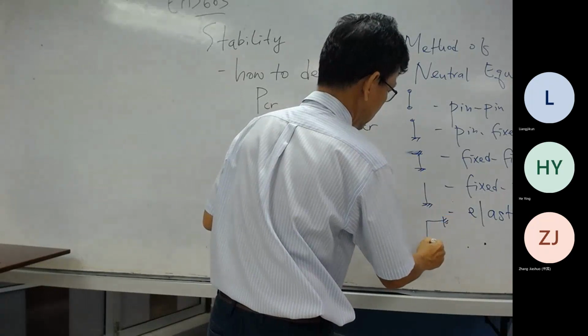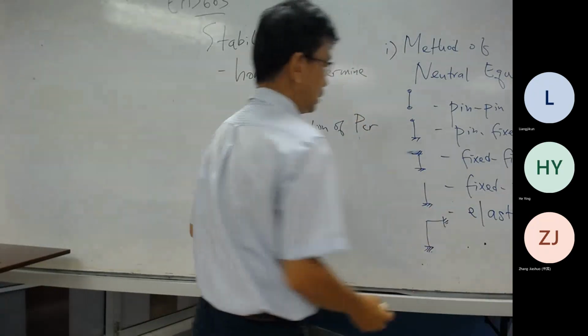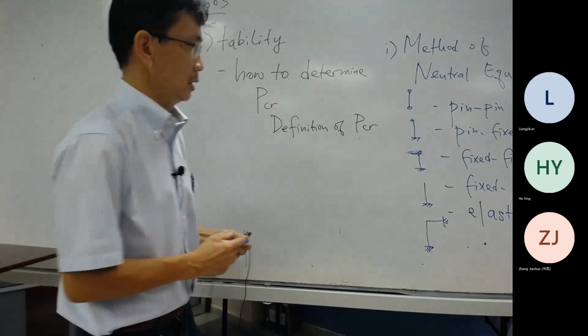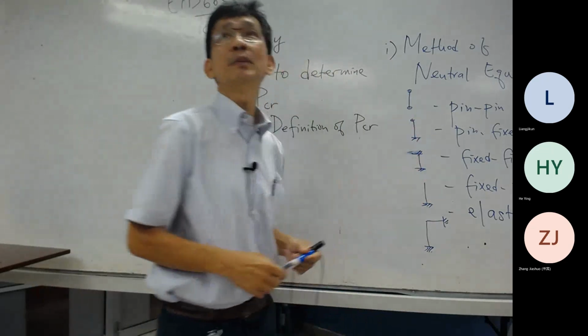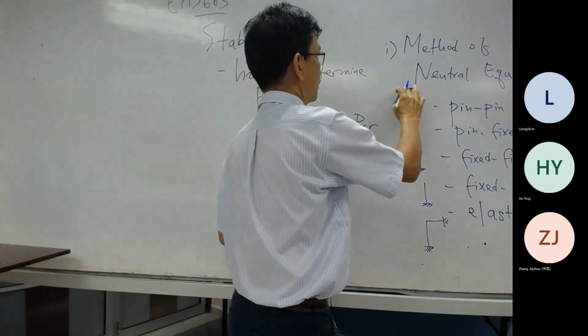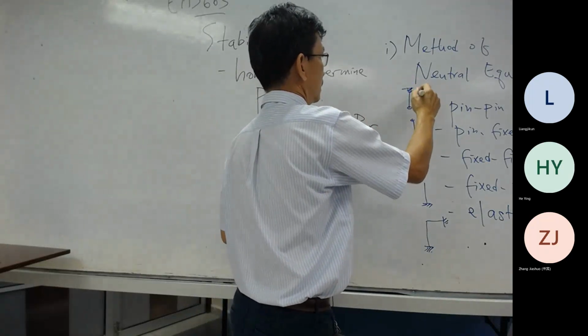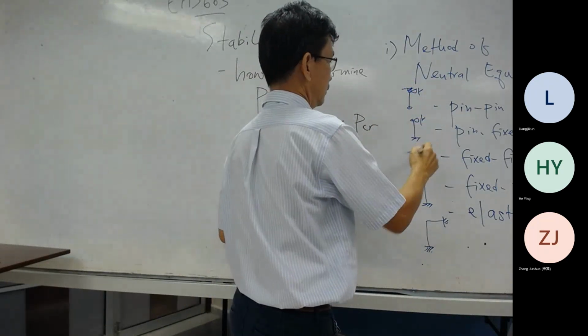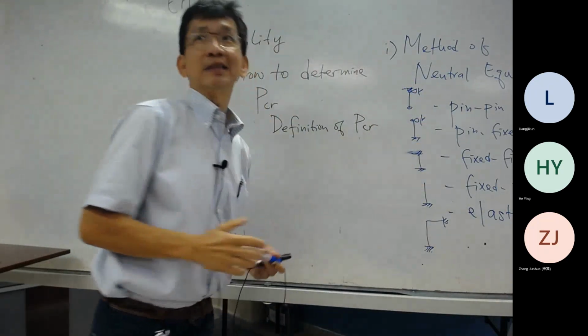Maybe here is one member. The only thing is the column is not like what we have here, but it is elastically restrained. And from there, we see the effect of restraint.